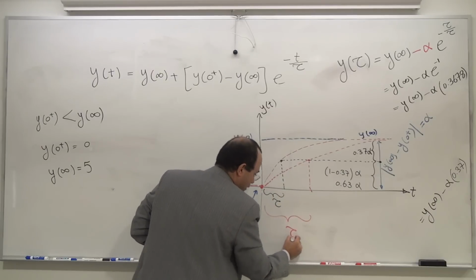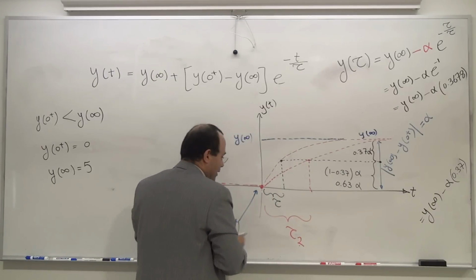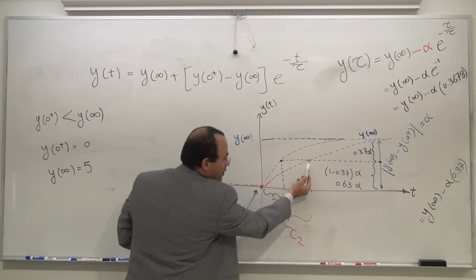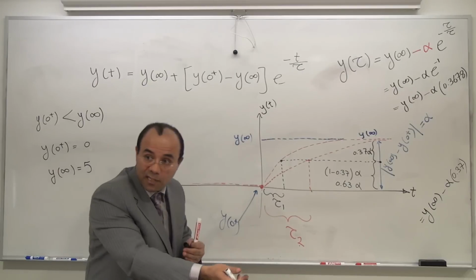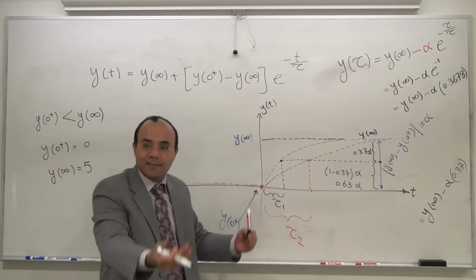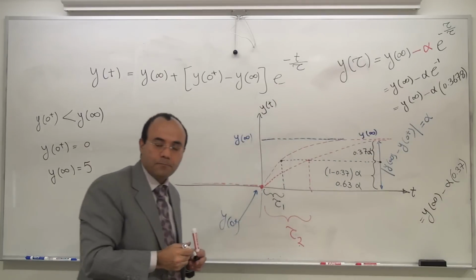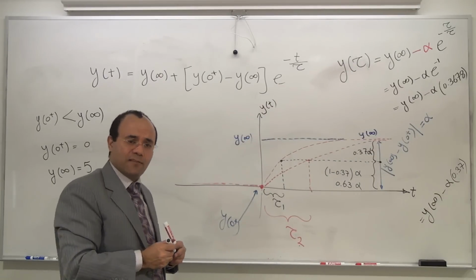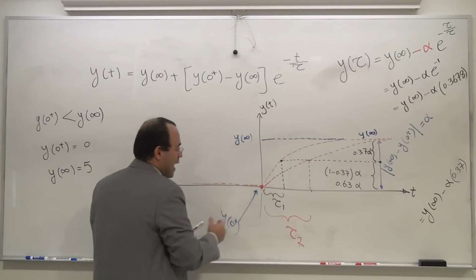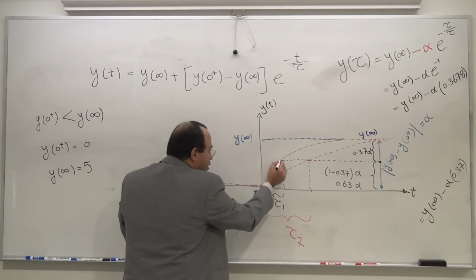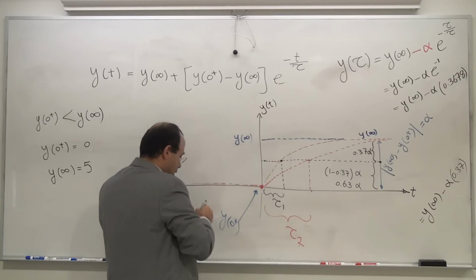I'm going to call this tau 2, and I'm going to call it tau 1. If tau 2 is more than tau 1, it means it reaches the same level in a longer time. So the longer the tau is, the harder it gets to the final level. The shorter the tau is, what does it mean? When I have a shorter tau, it means my tau is small. It means I'm going to reach the same level a lot faster.